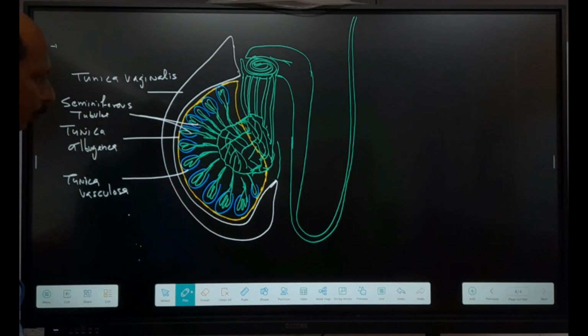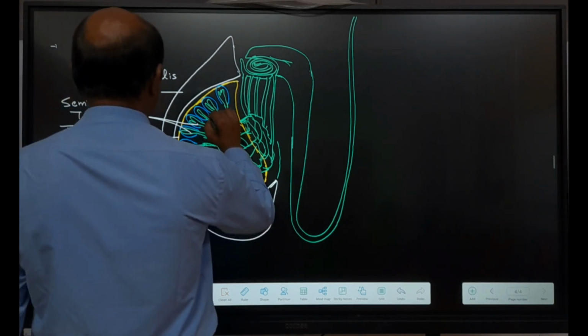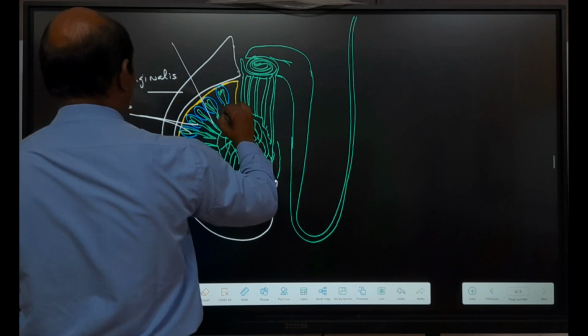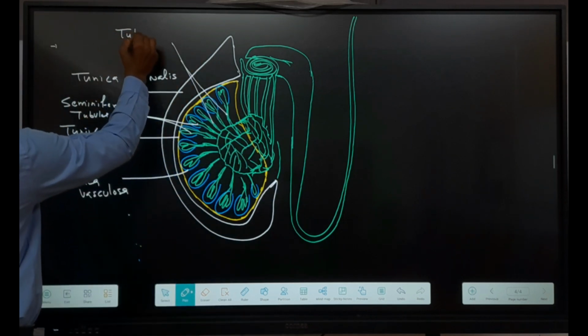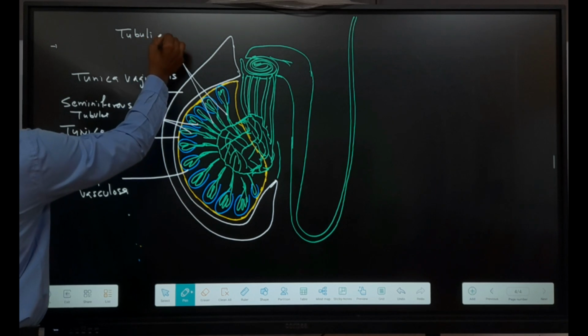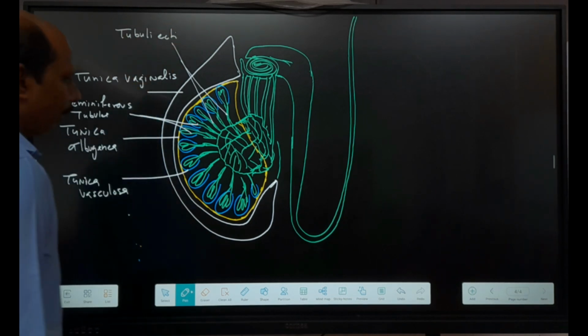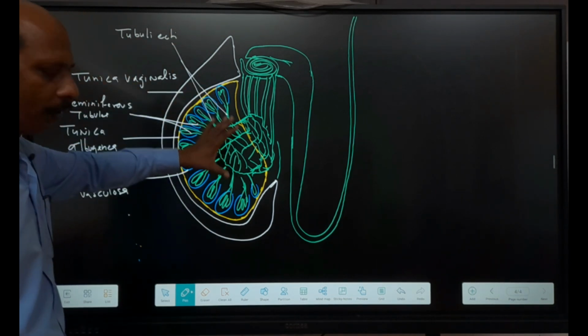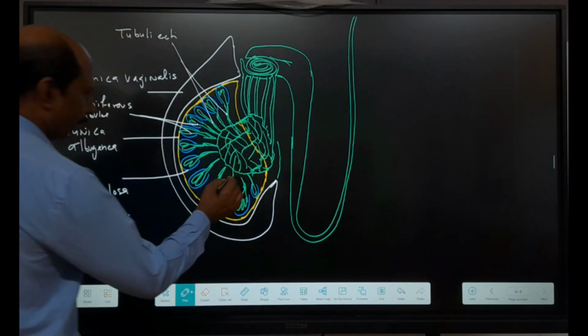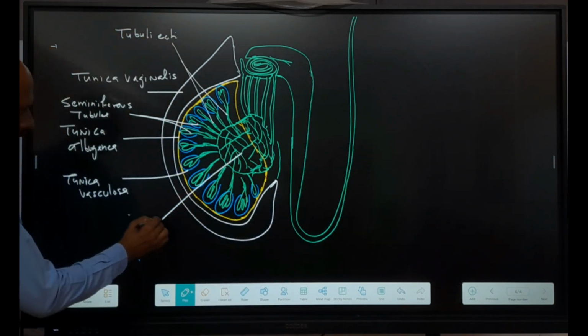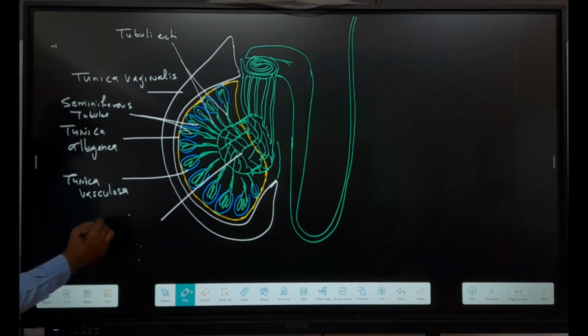These are seminiferous tubules, right? And these ducts, this one or this one, are called tubuli recti, T-U-B-U-L-I R-E-C-T-I, and these tubuli recti fuse with each other and form a network-like structure, and this structure is called rete testis.